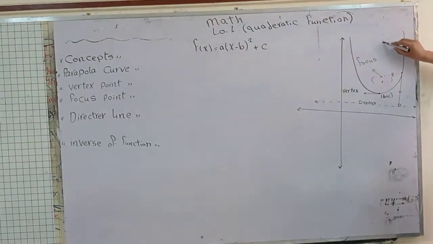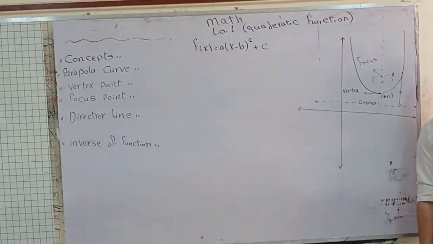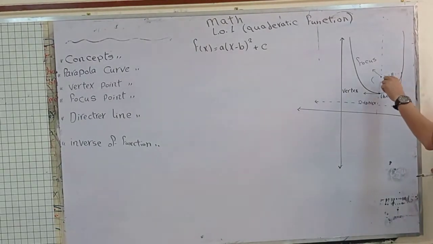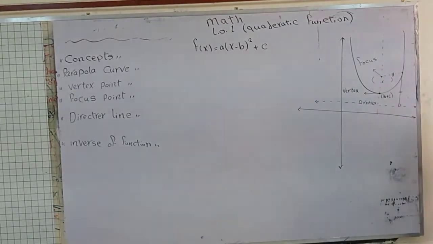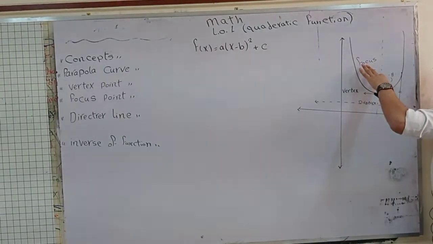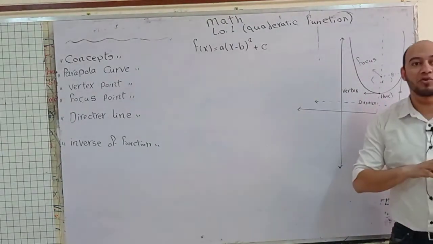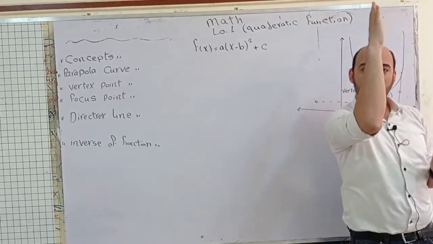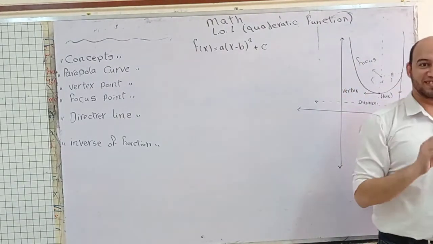If we draw a vertical line, this vertical line will pass through the focus point and also through the vertex. That means the x coordinate of the focus point is the same as the x coordinate of the vertex point, because they both lie on the same vertical line.